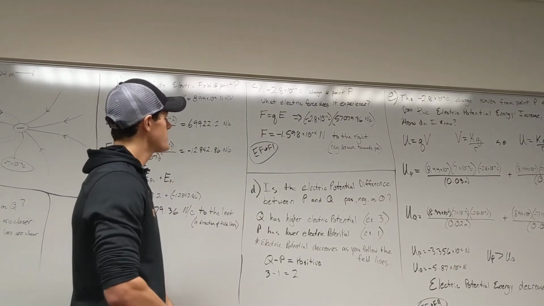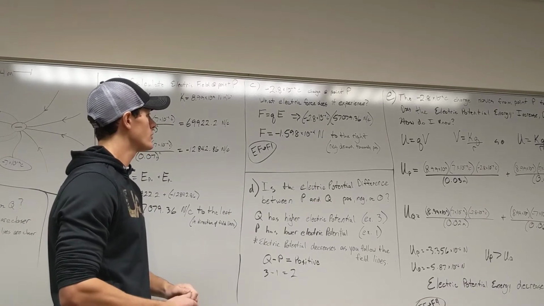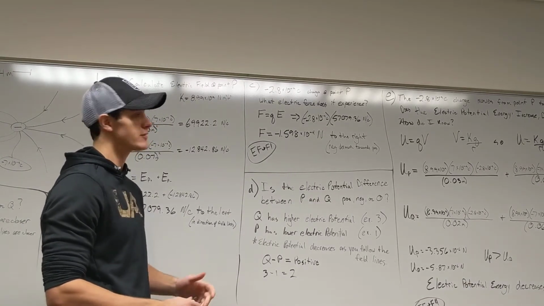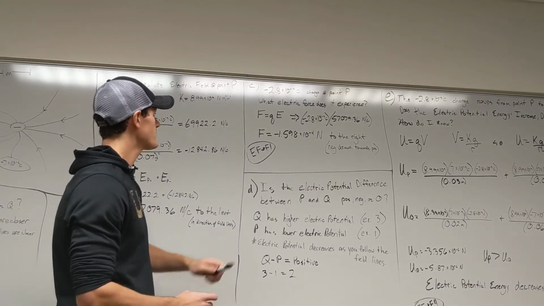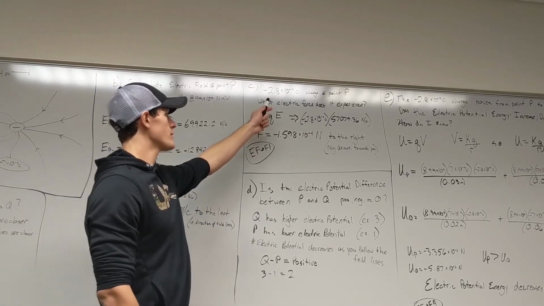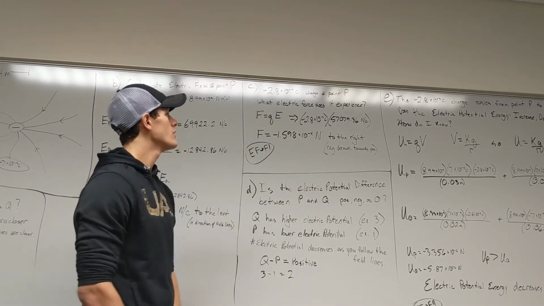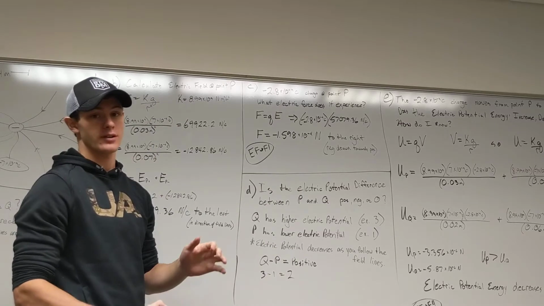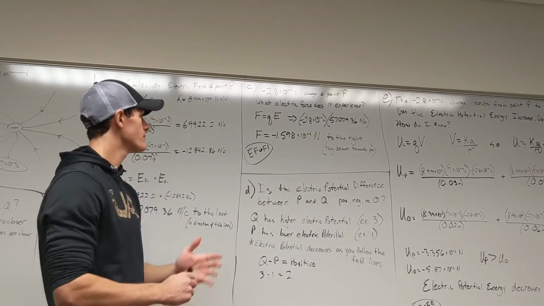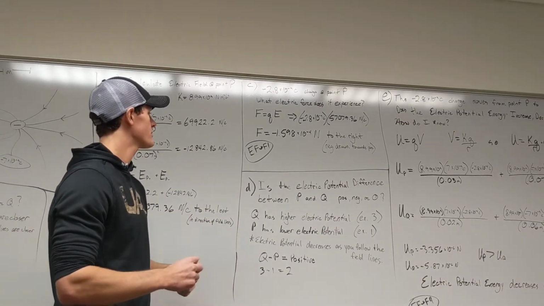For section C, we want to know what electric force it experiences. So that's pretty simple. It says also that we have a negative 2.8 nanocoulomb charge placed at point P. So what electric force does that experience?